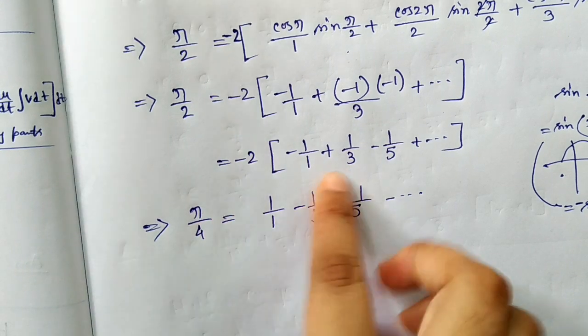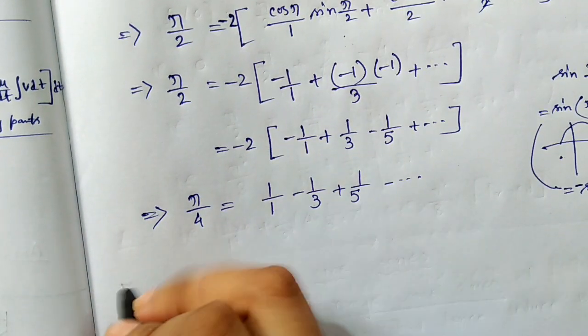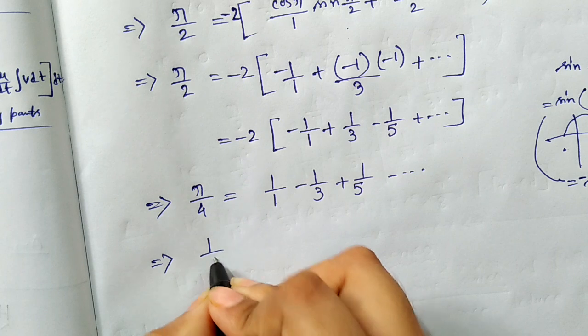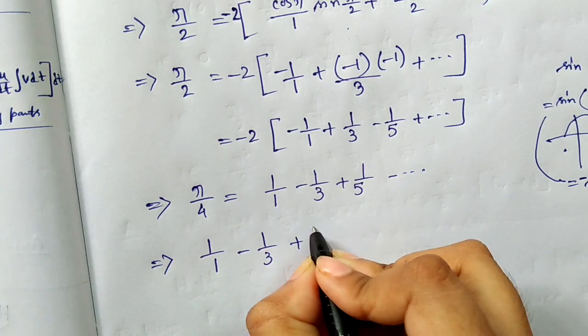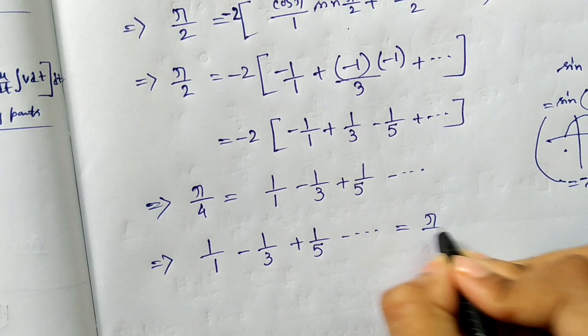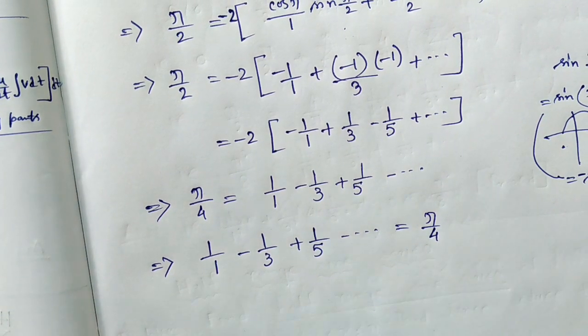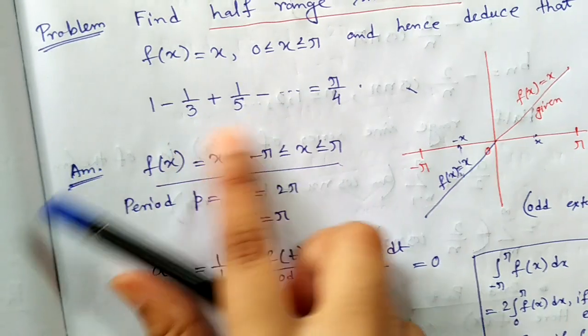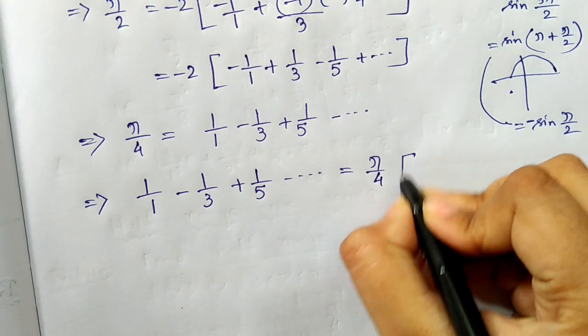Therefore 1 by 1 minus 1 by 3 plus 1 by 5 minus so on, this is equal to pi by 4. See the problem? Yes, we get. So proved.